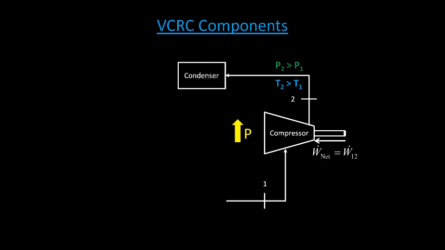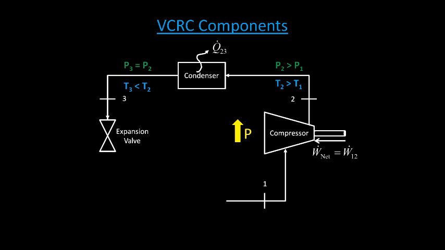The refrigerant then passes through a condenser where a rate of heat transfer is conducted, turning the superheated vapor into a liquid refrigerant. At this state, P3 is equal to P1 because the condenser is isobaric and the temperature at state 3 is less than the temperature at state 2.